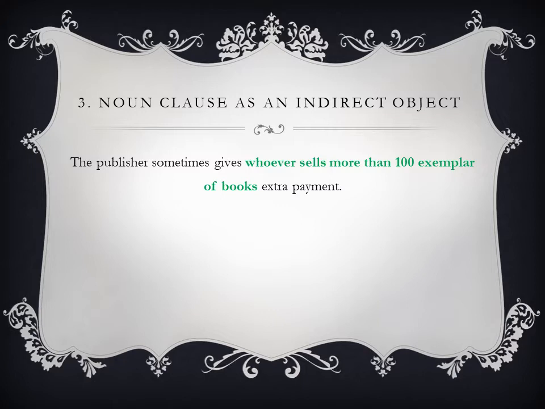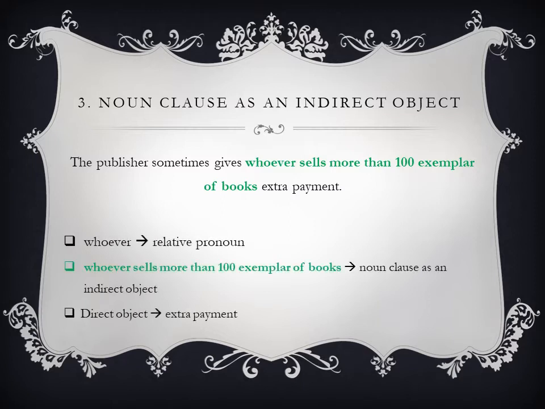The green clause is the indirect object. Whoever, the relative pronoun, and then whoever sells more than 100 exemplars of books is the noun clause as an indirect object, and extra payment is the direct object.